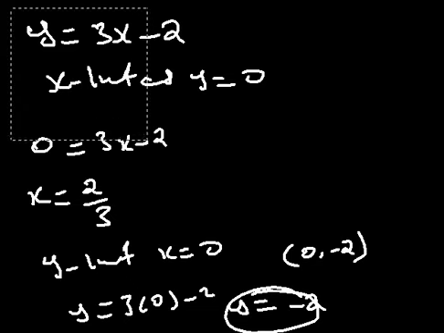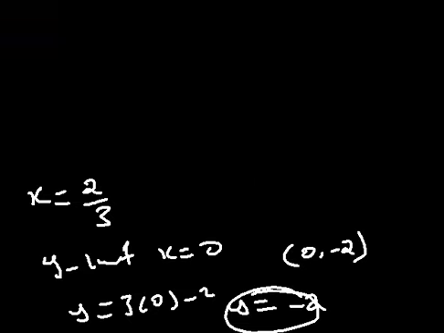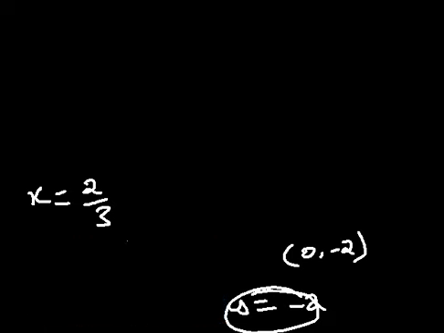Now how can we come up with the graph of the straight line if we know the intercepts, that is the x-intercept as well as the y-intercept? We'll have to come up with a Cartesian plane.